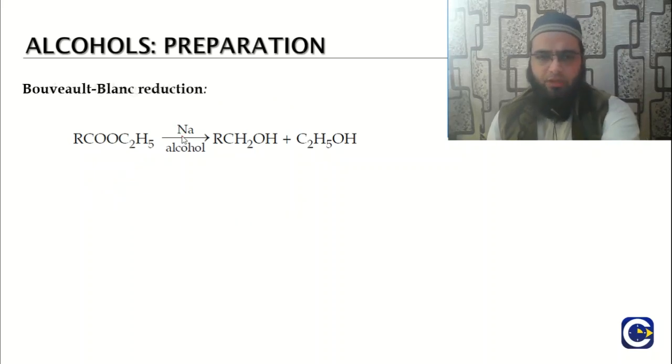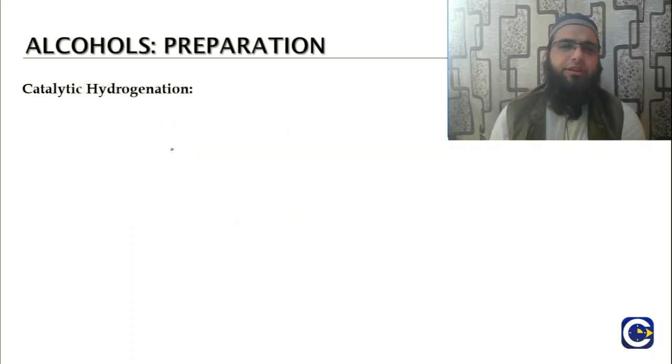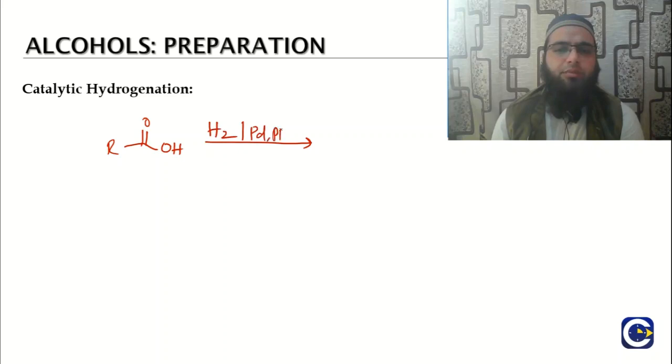Another industrially important reaction is catalytic hydrogenation. Carboxylic acids, RCOOH, can be catalytically hydrogenated, that is, we use hydrogen in the presence of a catalyst. It can be palladium, platinum, or nickel, and we have to give extreme temperature, more than 200 degrees Celsius.